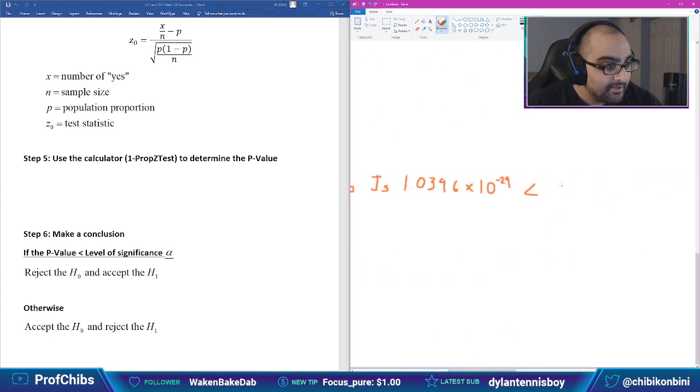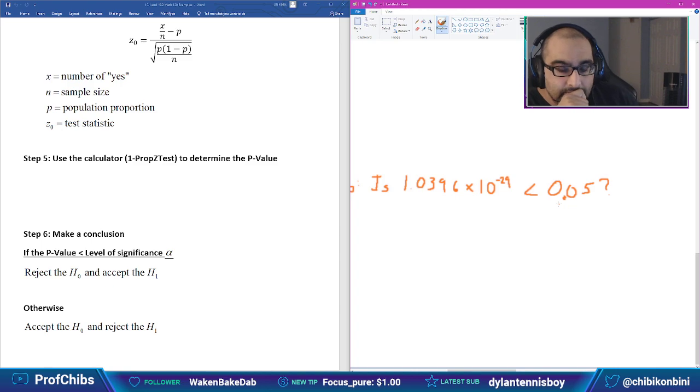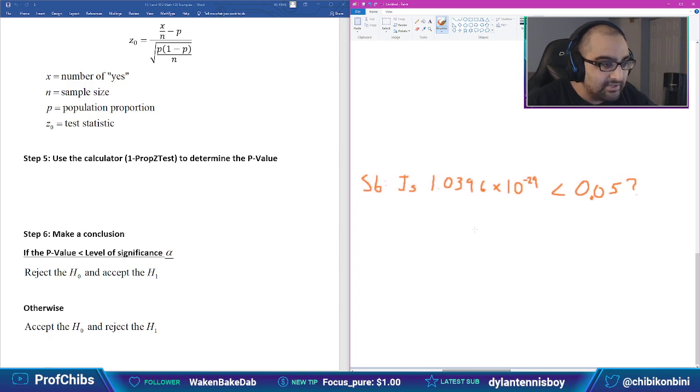So this is a yes or no question. Is 1.0396 times 10 to the minus 29 less than 0.05, yes or no? Definitely yes, right? That's a really small number in comparison to a much larger number, 0.05. The answer is yes.